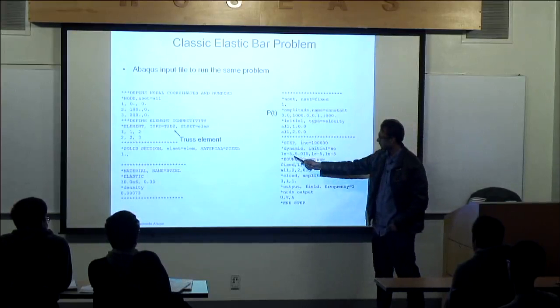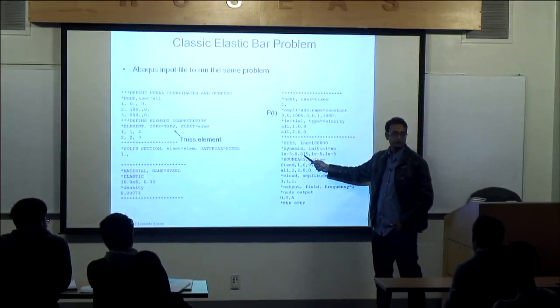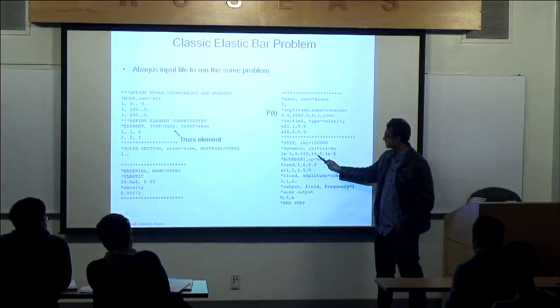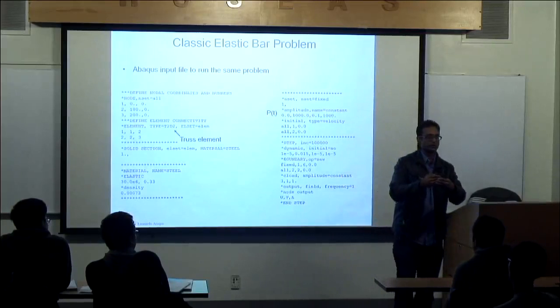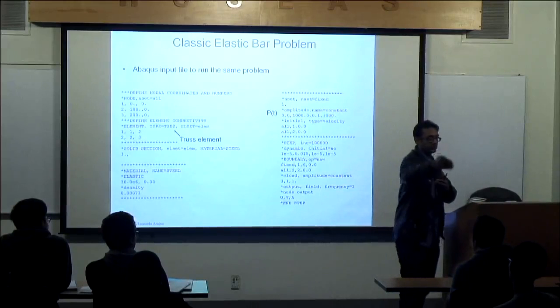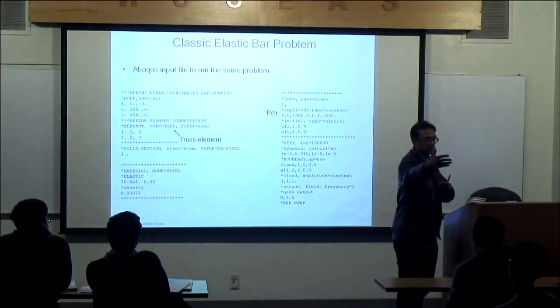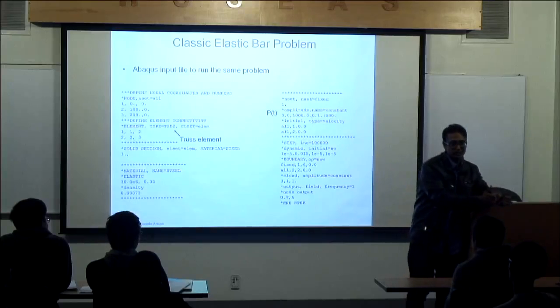I'm running this for increments of 1e minus 5 until I reach 0.015 seconds. This is so it doesn't exceed. If Abaqus converges very well, it'll increase the time step even further, maybe to 2e minus 5, 3e minus 5. But because I want to compare apples to apples, I don't want that.